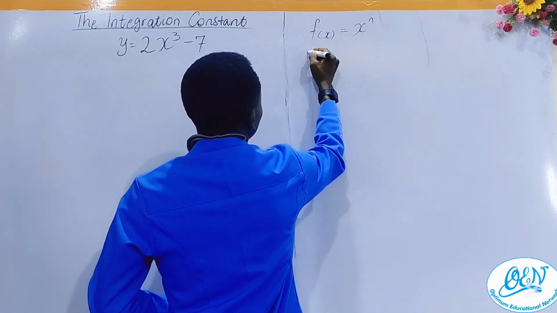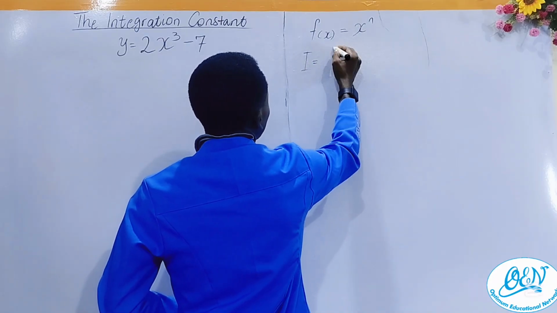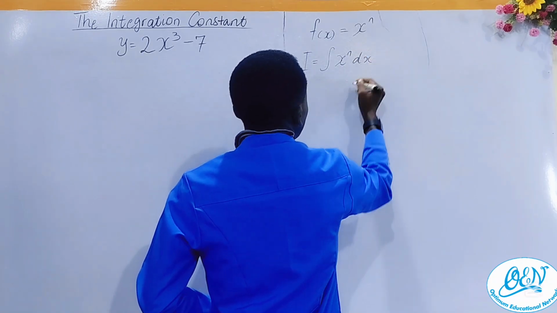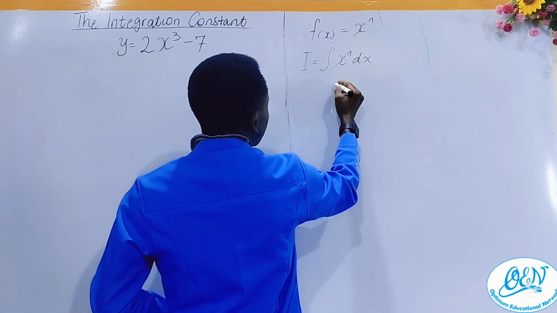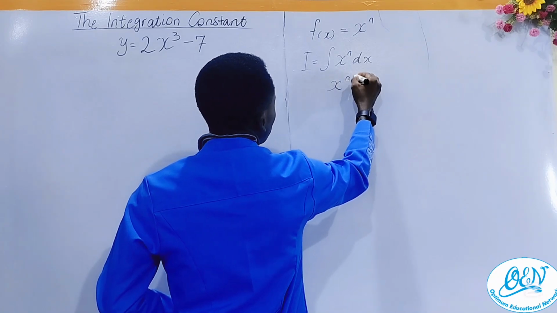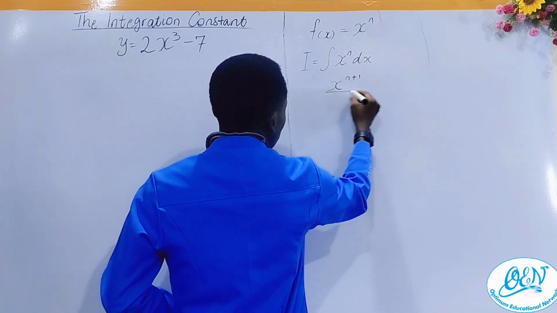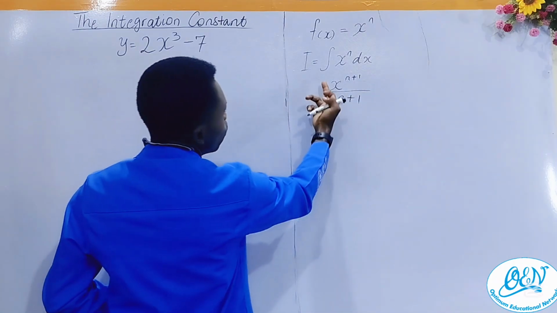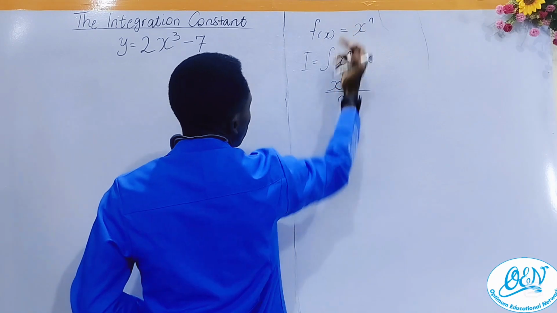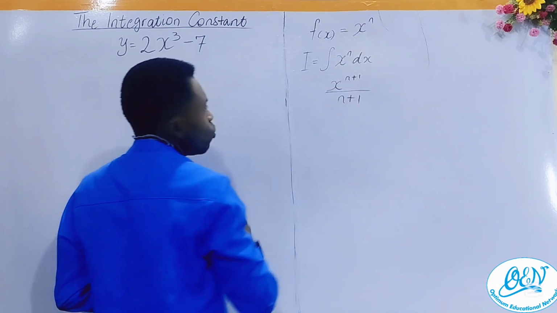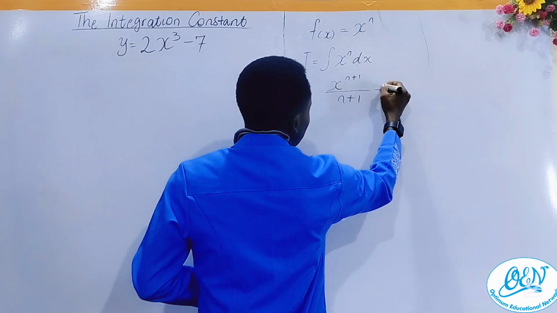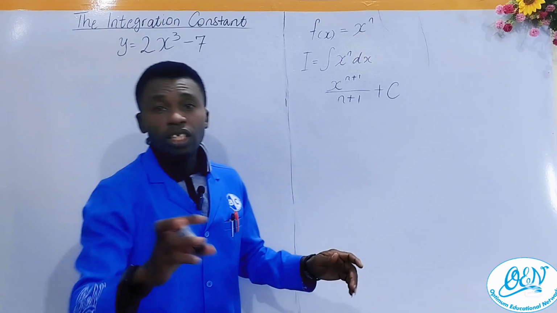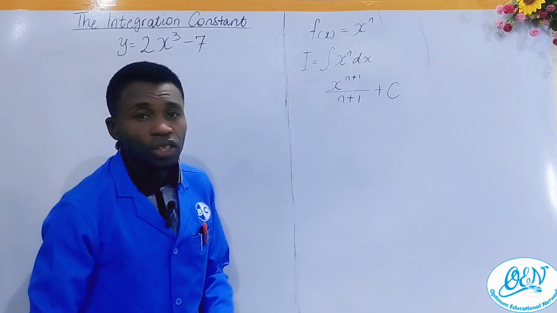To integrate this function, you simply increase the index of this function by one. Then we divide by this new index. Now, whatever coefficient you have here, which in this case is 1, you leave it the way it is, except you want to simplify with the denominator. Then you add the arbitrary constant.